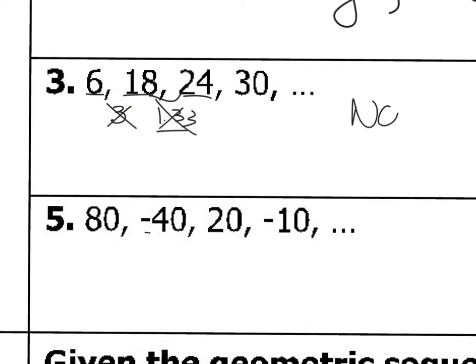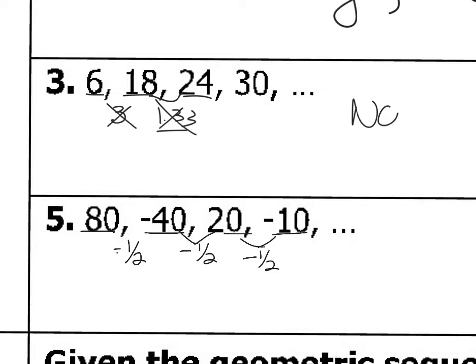Okay, the next one, negative 40 divided by 80. Negative divided by positive is negative. So it's negative 1/2, or negative 0.5. 20 divided by negative 40 is negative 1/2. Negative 10 divided by 20 is negative 1/2.